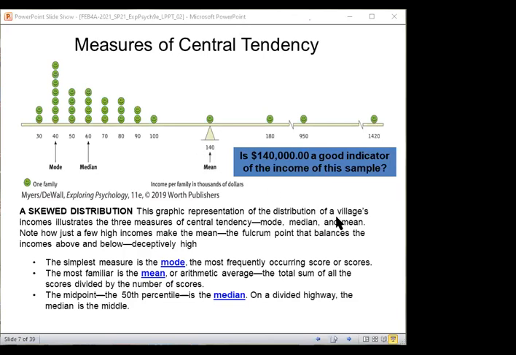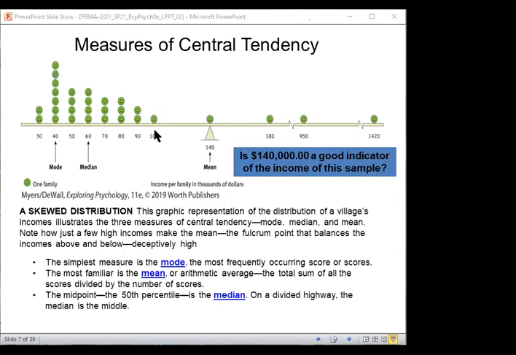And basically what that tells us is that that's really nothing more than an artifact. That's really not a good measure for this particular population. If we wanted a good measure of this population, it would probably be more ideal to provide the mode of $40,000, and probably even better $60,000.